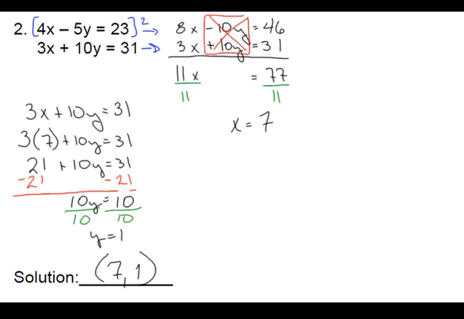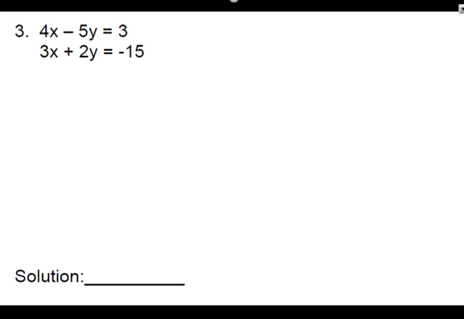Moving on to example 3. In example 3, I have a 4x and a 3x. I have a negative 5 and a positive 2. I'm now going to eliminate my y variable again. To do so, my top equation is going to be multiplied by a positive 2.